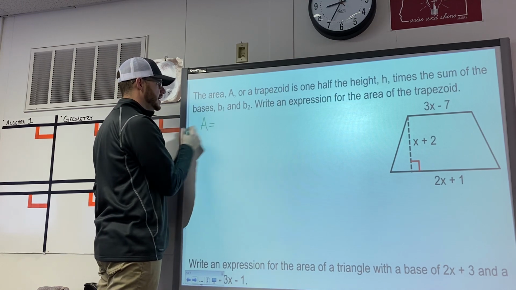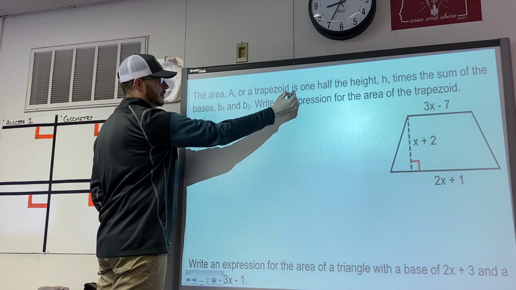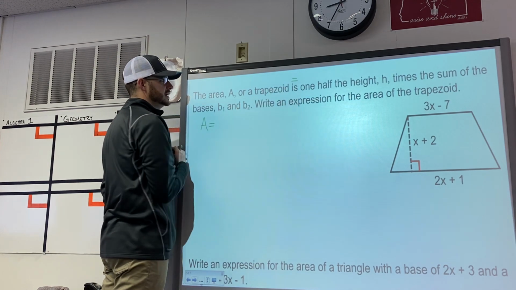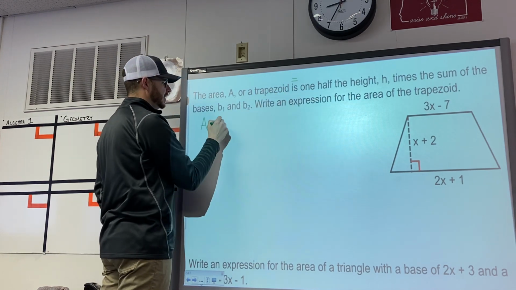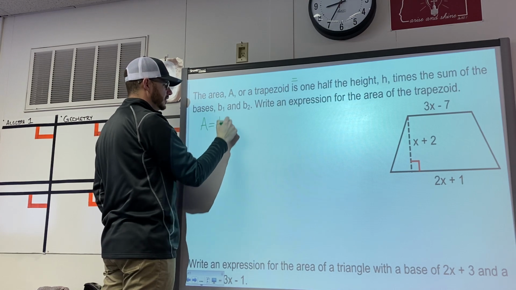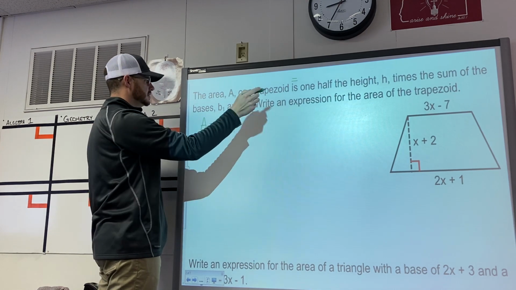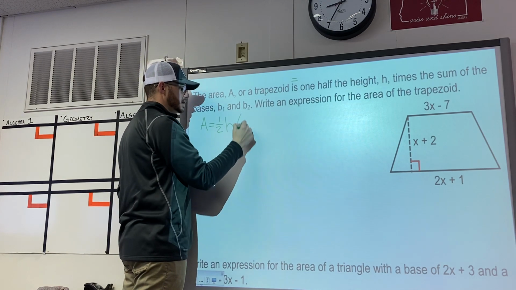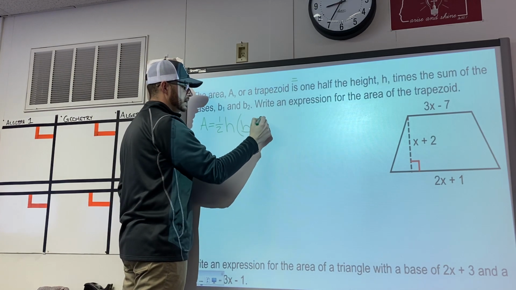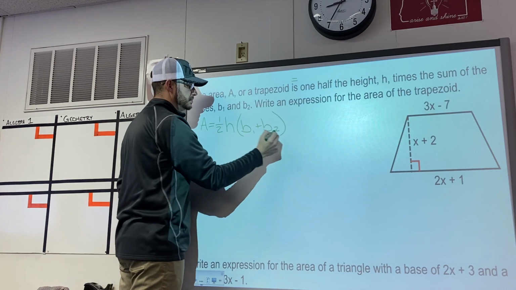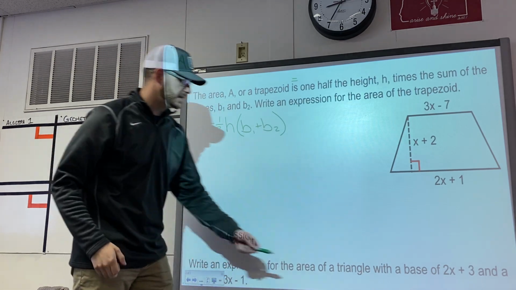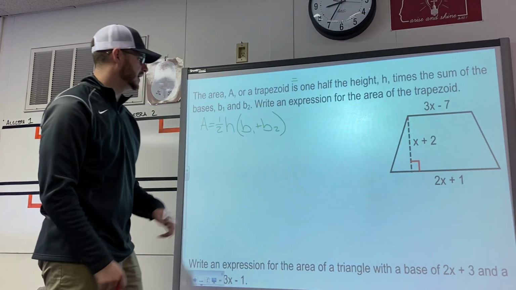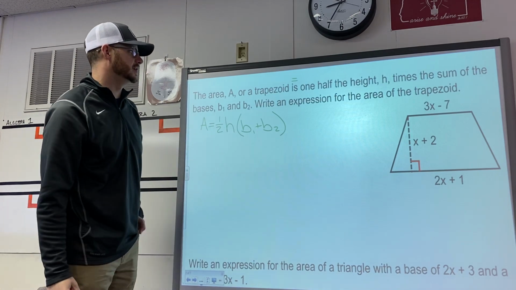So the area A is, remember, always means equal, 1/2 times the height times the sum of the bases, B1 and B2. So we would put in parentheses B1 plus B2. That equation right there is how we will find the area of a trapezoid.